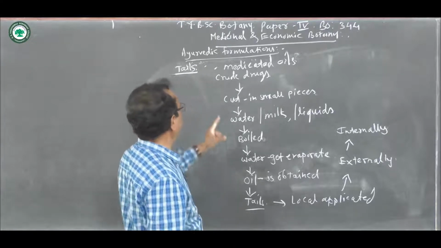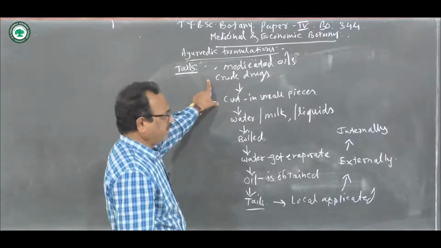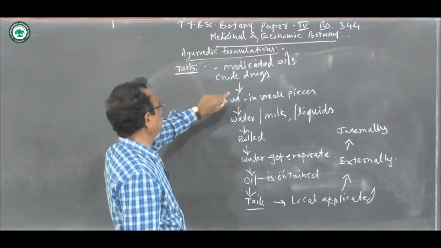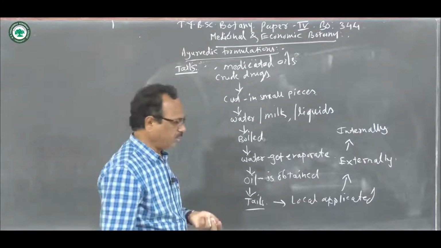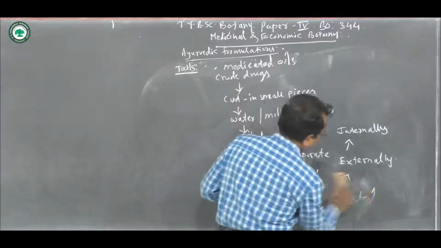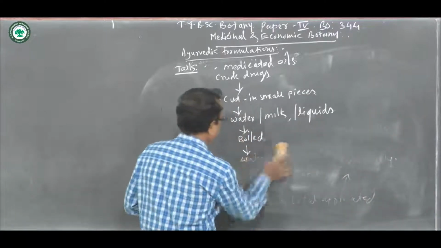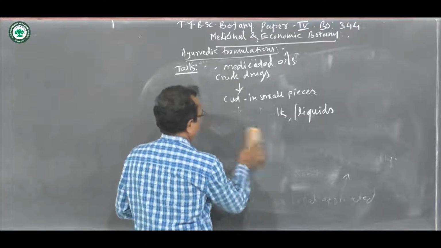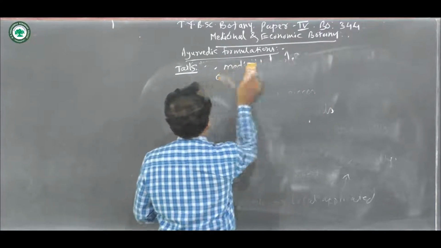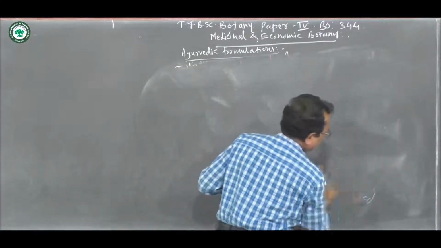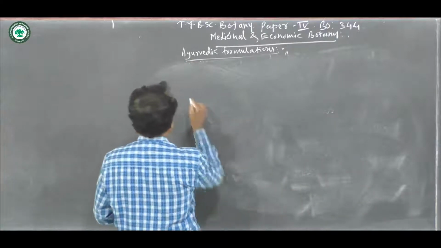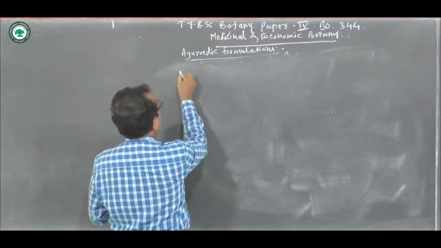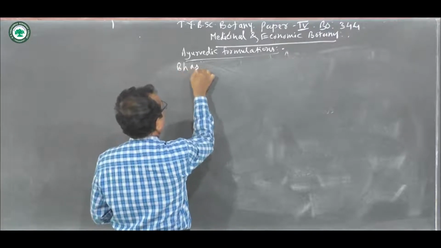So this is the second Ayurvedic formulation, known as the tails, which are the medicated oils obtained from boiling the crude drug. Then let us see the third Ayurvedic formulation, that is the Basma.